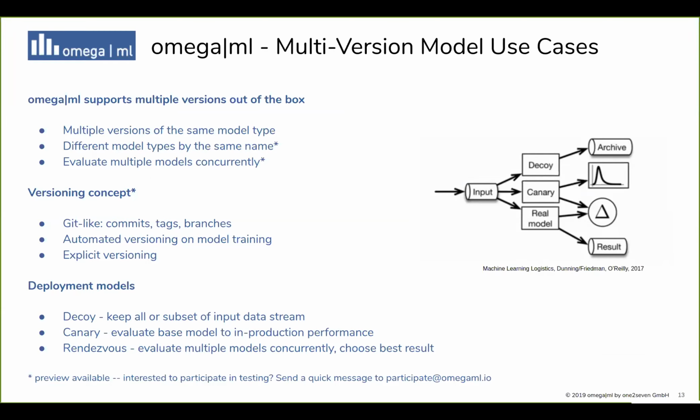For instance, in that graph here, let's say you want to do A/B testing, so you must have some kind of routing logic that routes requests to different models according to some ratio that you predefine.